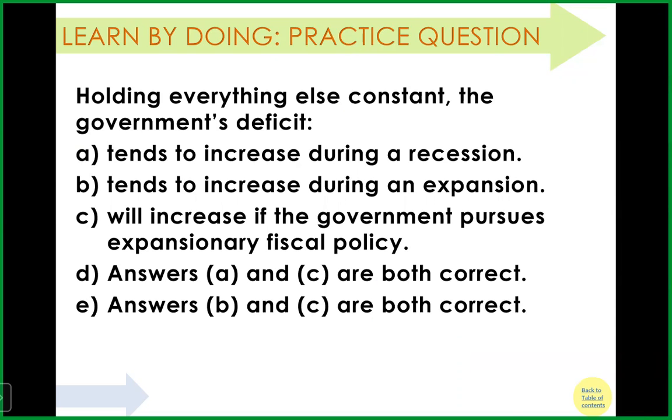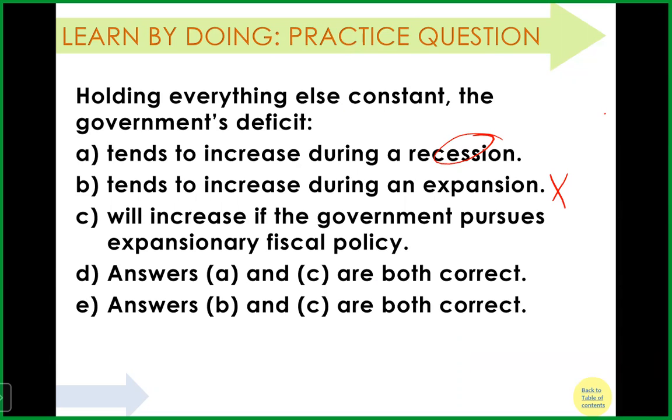Holding everything else constant, the government deficit increases during recession. Is it correct? Yes, right. Tends to increase during expansion? No, except if the government had some expansionary fiscal policy during expansion. It happened indeed. President Trump had expansionary fiscal policy during his term, even though the economy was in expansion.